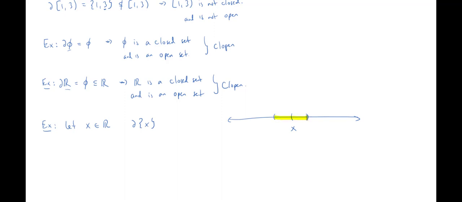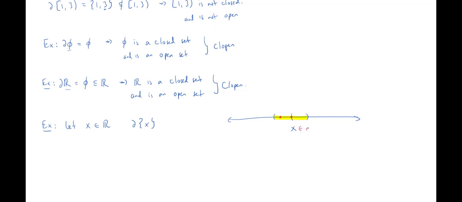Now this coin necessarily contains things that are not in this set that just contains x. So there you go, I have something which is not equal to x, which is the only point in this set. But it also has x in it, which is in this set. And so, in fact, x is a boundary point. Cool. So I know I have at least one boundary point, namely x.